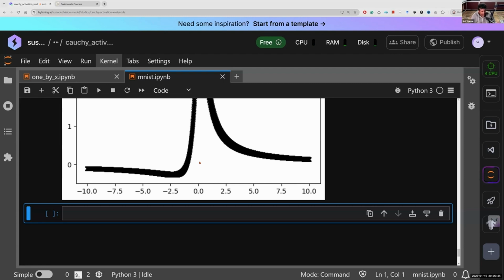I have personally tried this also in state space models, and I also tried it in transformer based models. You remember in a transformer there is a feed forward block inside. In that, we can use this Cauchy activation function. What I observed is that the learning is much faster.